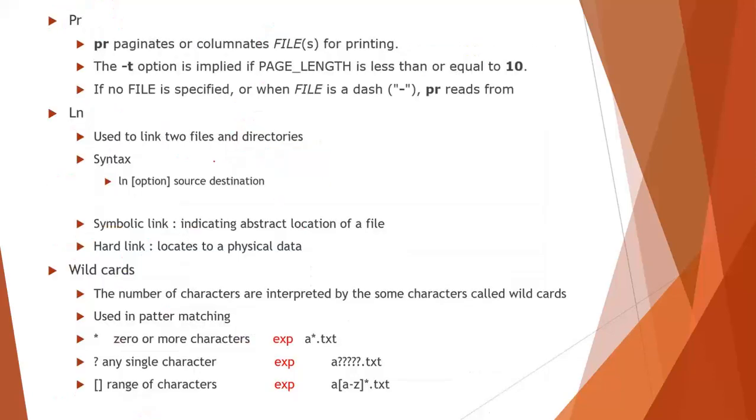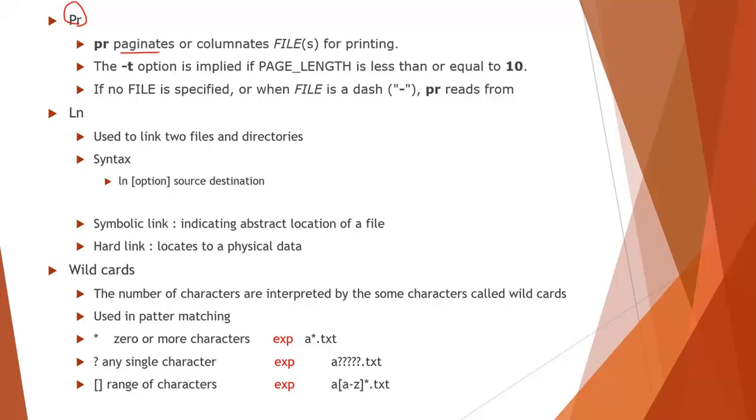Next, coming to the PR command. The PR command is used to provide formatting for a page. If you consider any page that you want to print, that page contains several things like margins, for example, a left margin, a right margin, top of the page, header of the page, and then footer of the page. All those things will be provided by your MS Word.